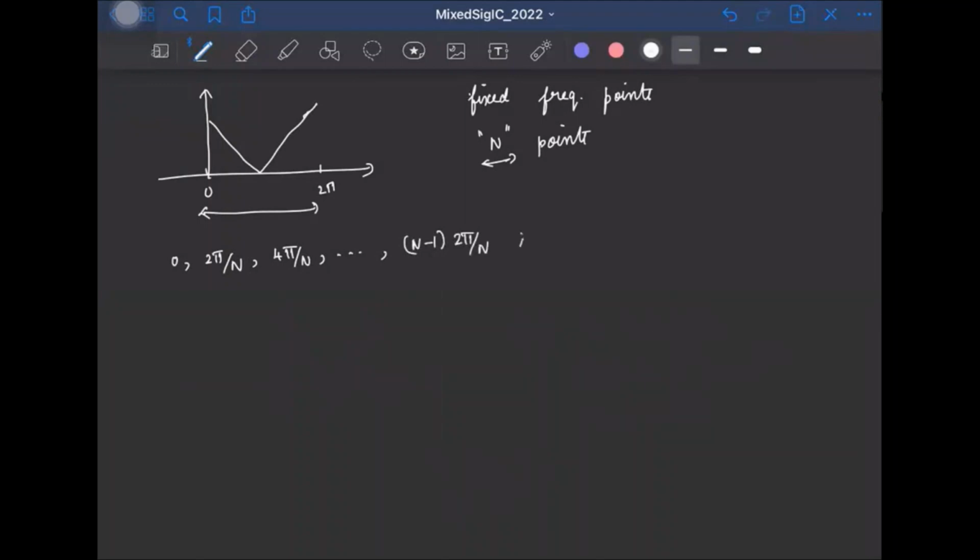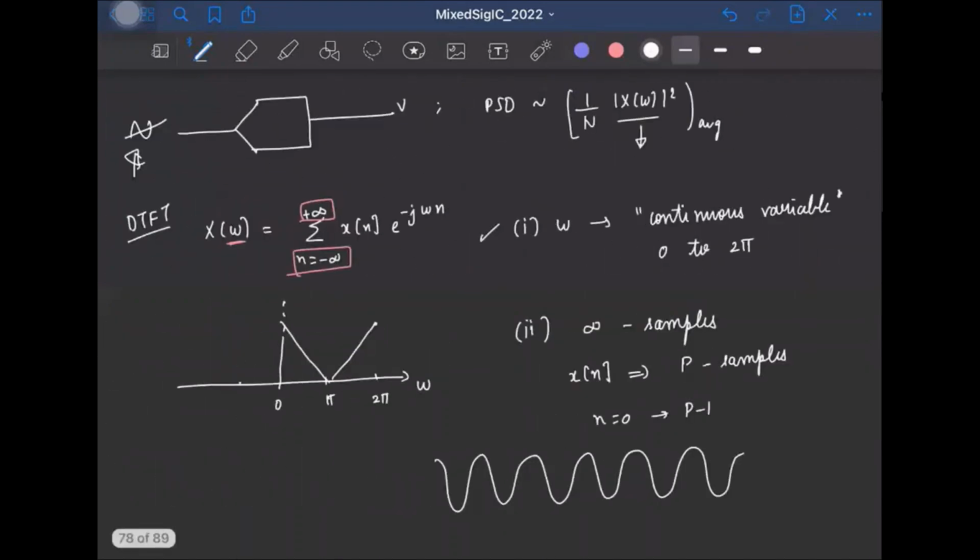Essentially the continuous variable omega is now replaced by a discrete variable k times 2 pi by n, because these are the frequency points at which we are calculating the spectrum. And what is the value of k? k can take values from 0 to n minus 1. Okay, so this solves our first problem.